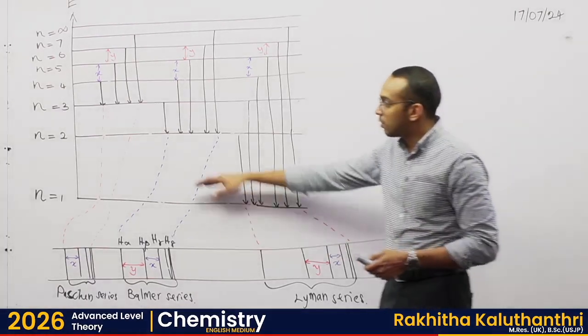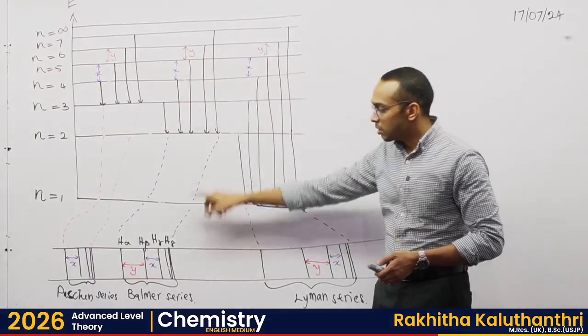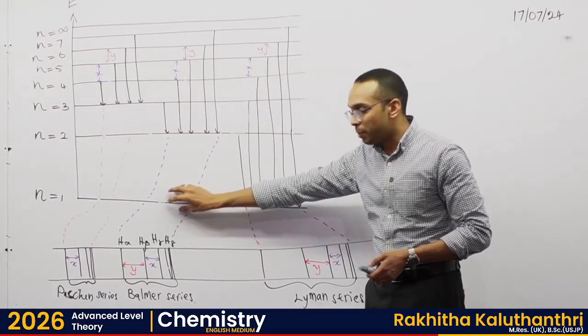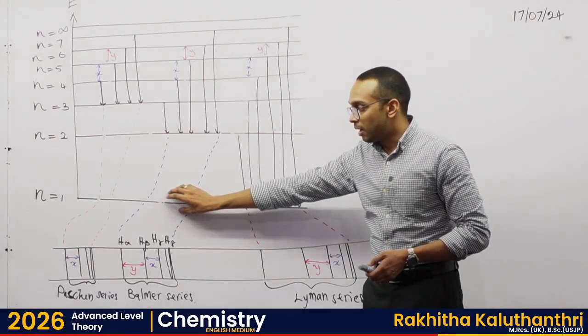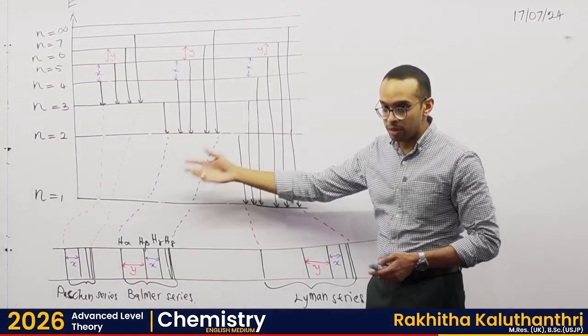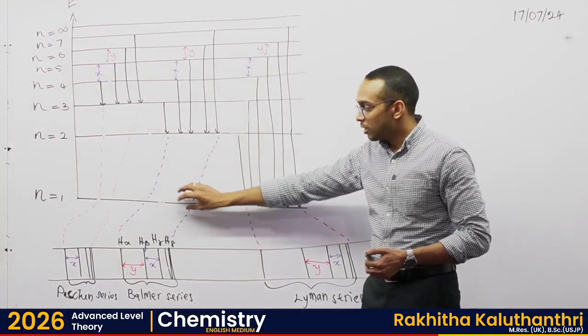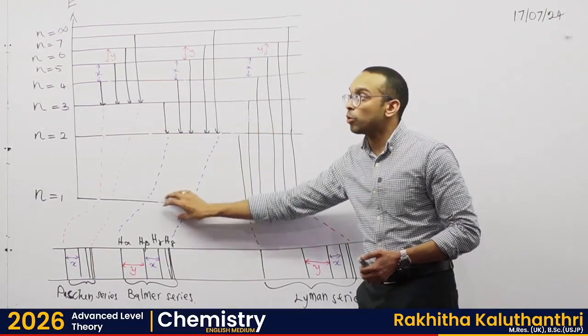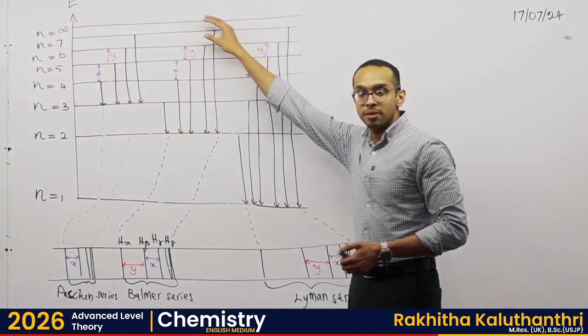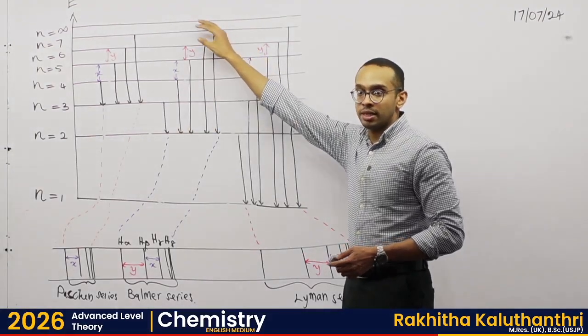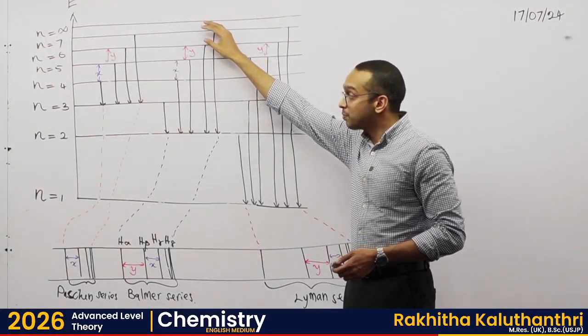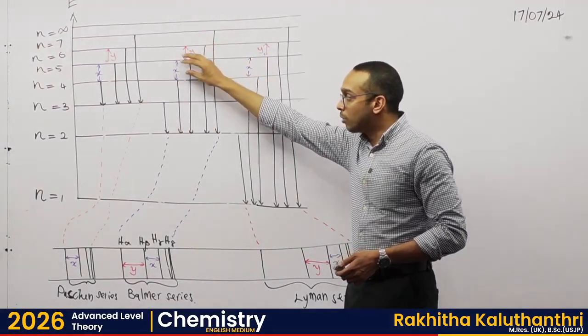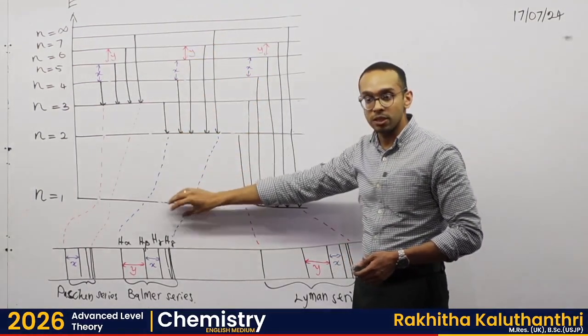So these are the energy levels of hydrogen atom. We have hydrogen atoms absorbing energy, and the electrons are the ones that are actually doing the absorbing of energy. So when electrons absorb energy, they move on to high energy levels. We say that is in the excited state. Then they will come back down, releasing that energy.